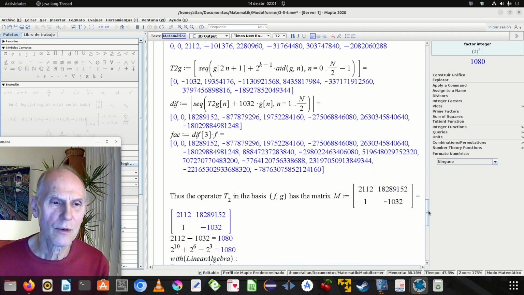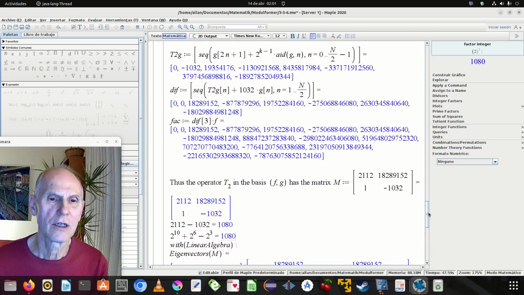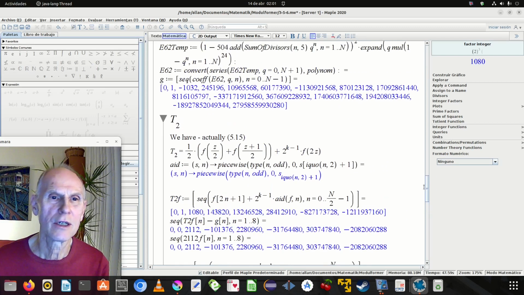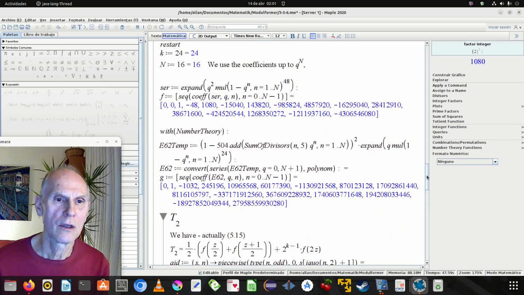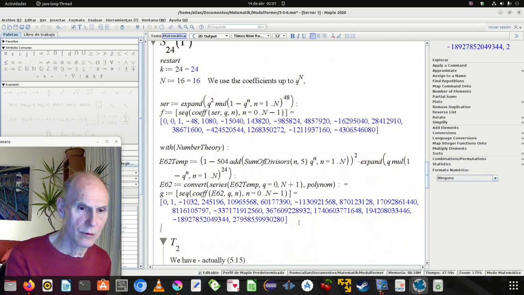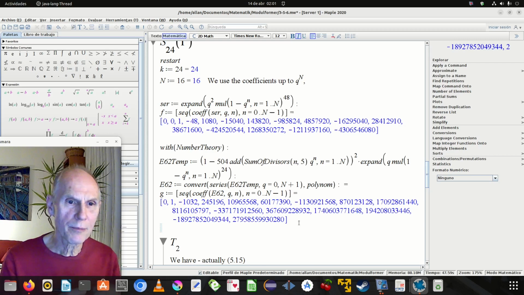And the second T1 is identity, and the second is 1080. So it should be the trace of the first one is 2.